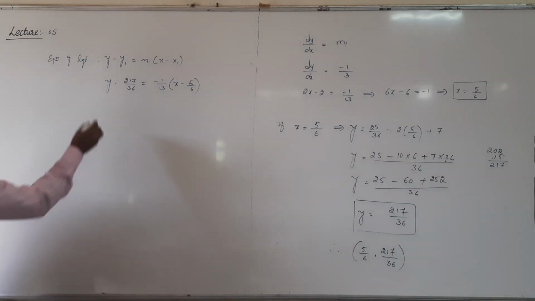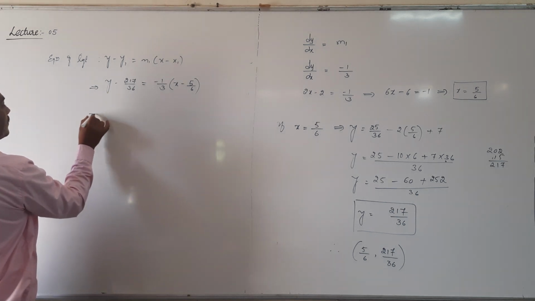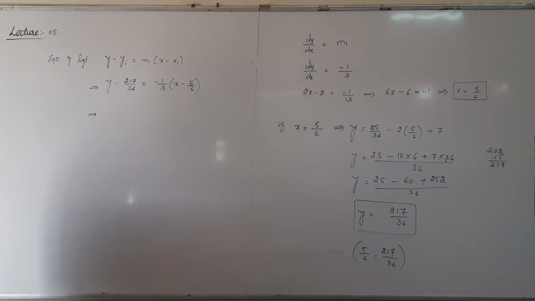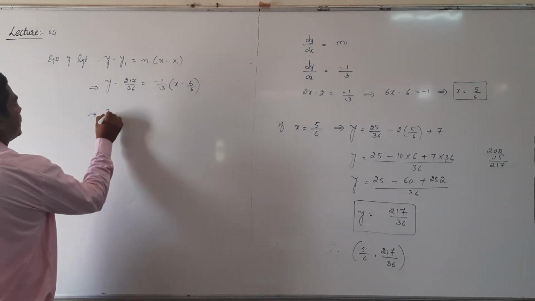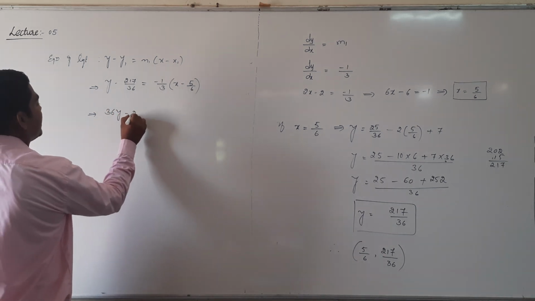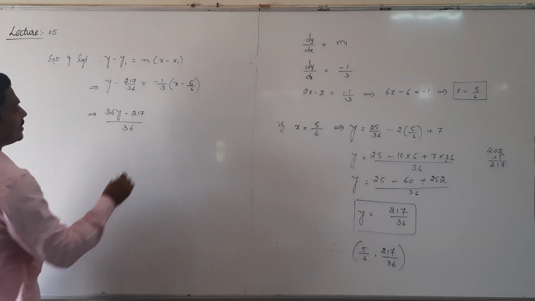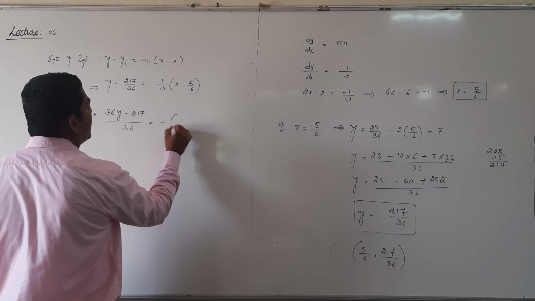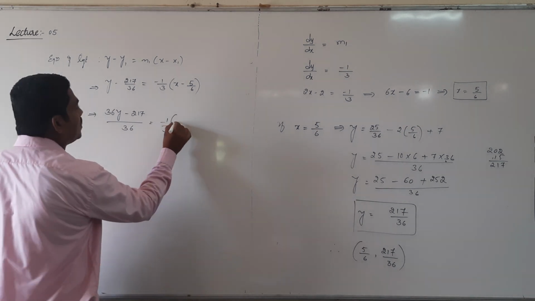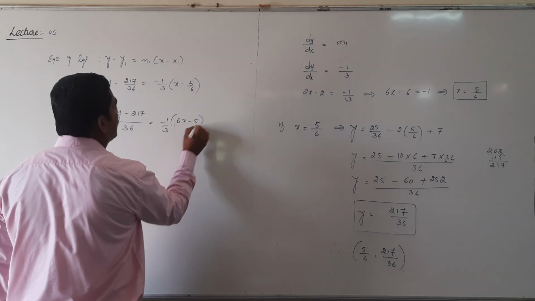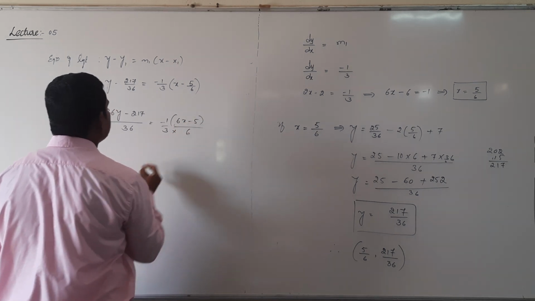Now the usual simplification. Taking LCM, 36y minus 217 divided by 36 is equal to minus 1 divided by 3 into 6x minus 5 divided by 6.